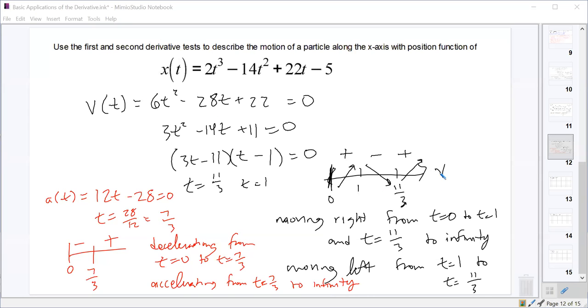Okay, one other thing to note here, and I think this might be what you're getting at, is that if velocity and acceleration have the same sign, then the speed is increasing.